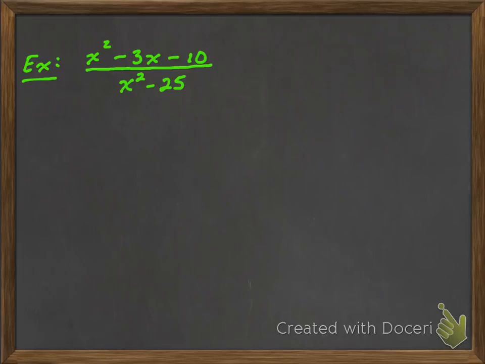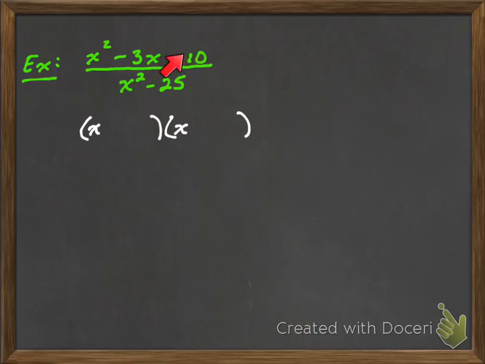And the last example here. In the numerator, there is no GCF, but this can factor down. We have a 1 in front of the x squared, which means only way of getting x squared is to multiply x times x.